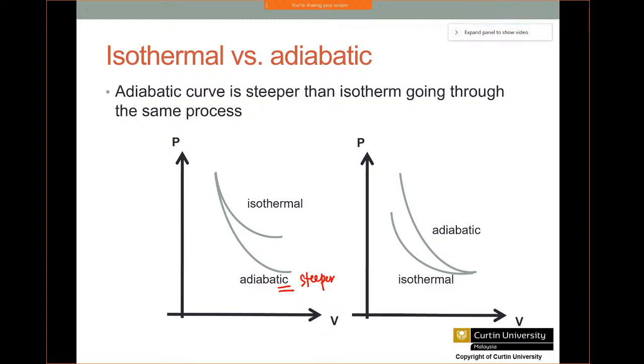So if you look at here, this one is again steeper. Both of them are not a straight line, but a curve going down like this, or going up, but the difference is your adiabatic will be steeper as compared to your isothermal.